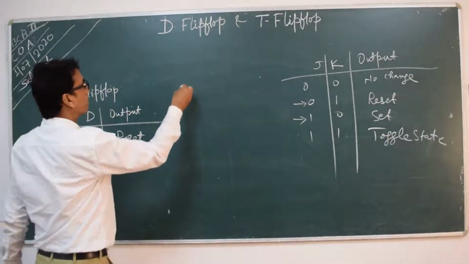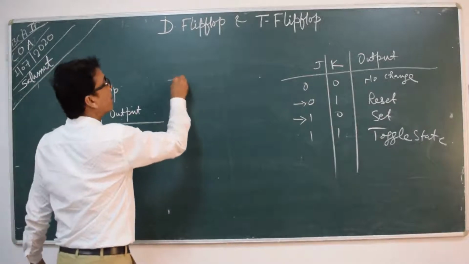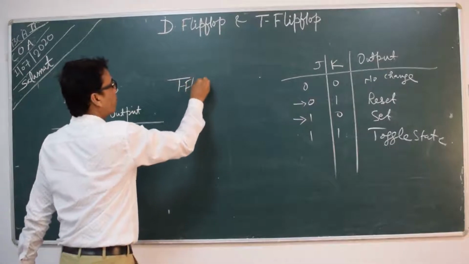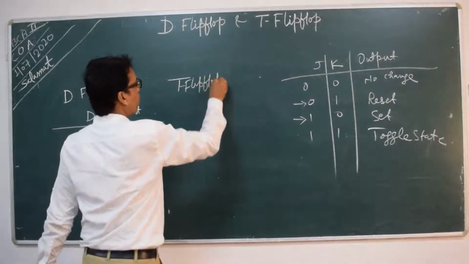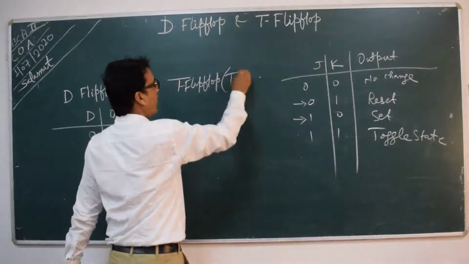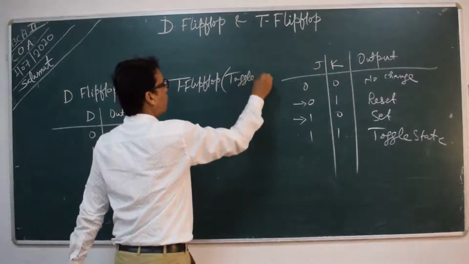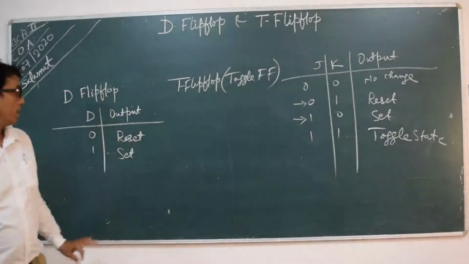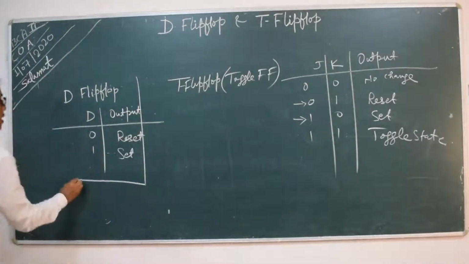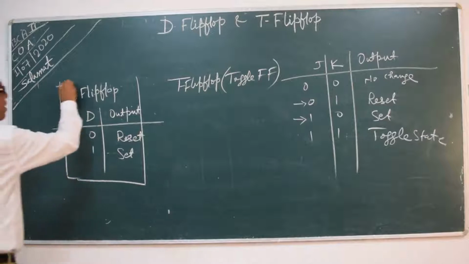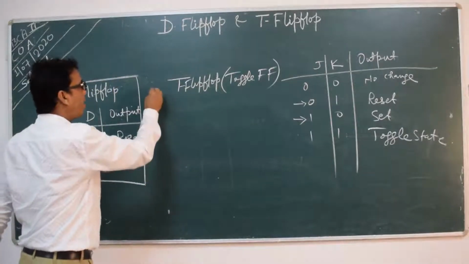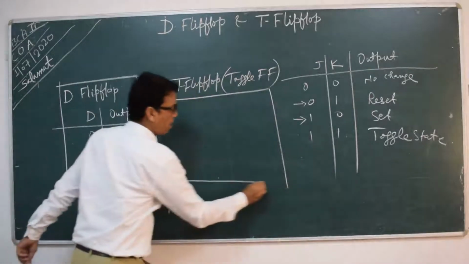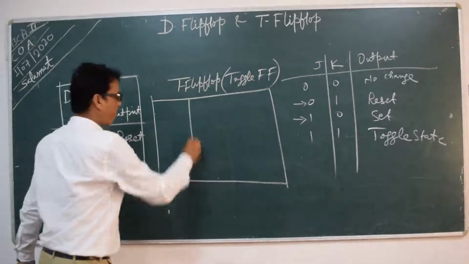See, this is T flip-flop, also known as toggle flip-flop. This is the truth table for D flip-flop, and here I am going to draw the truth table for toggle flip-flop.